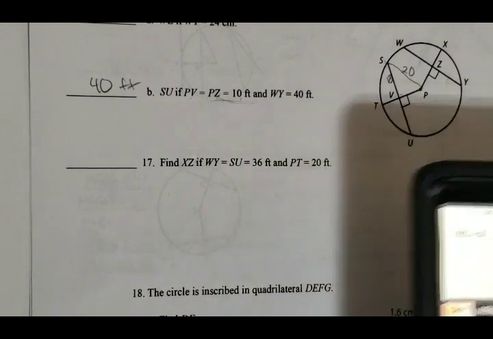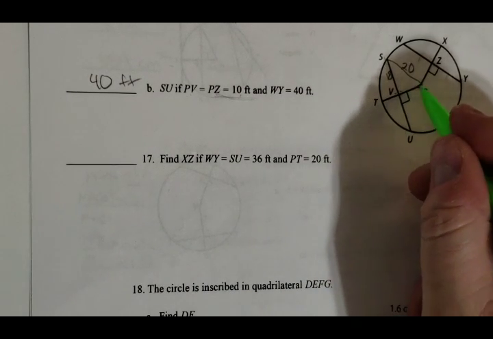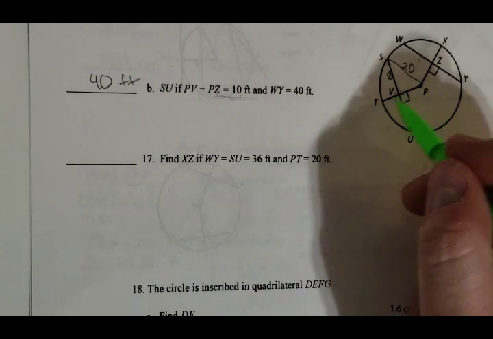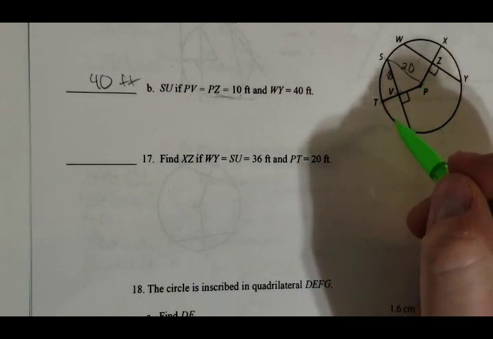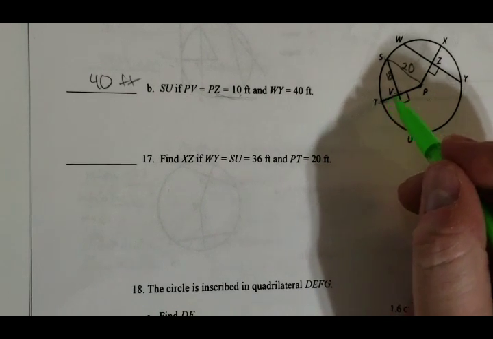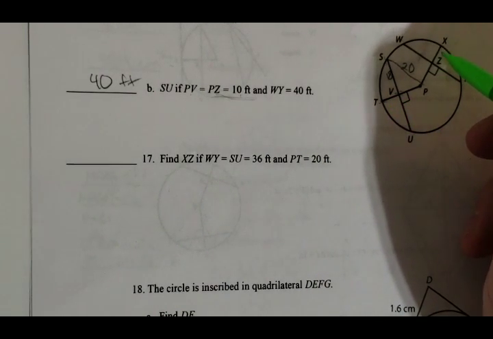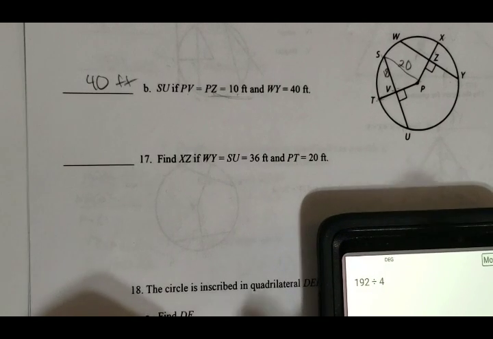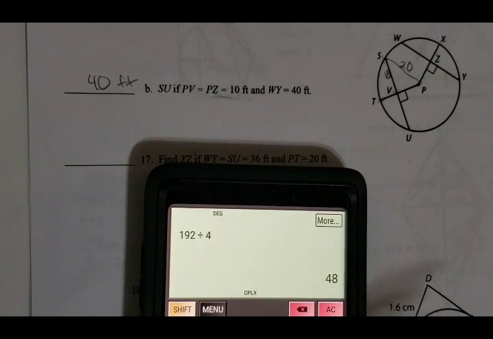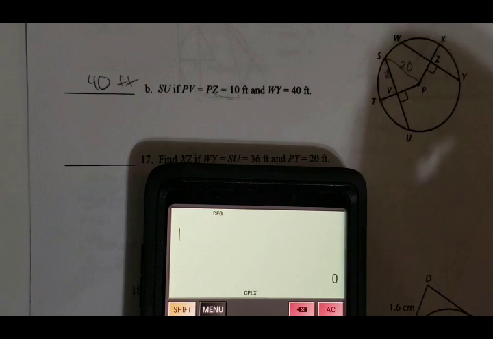Because if I can find PV and PT is 20, then I'll know what TV is. TV is the same as XZ. So let's find what PV is. Work this out with the Pythagorean theorem.